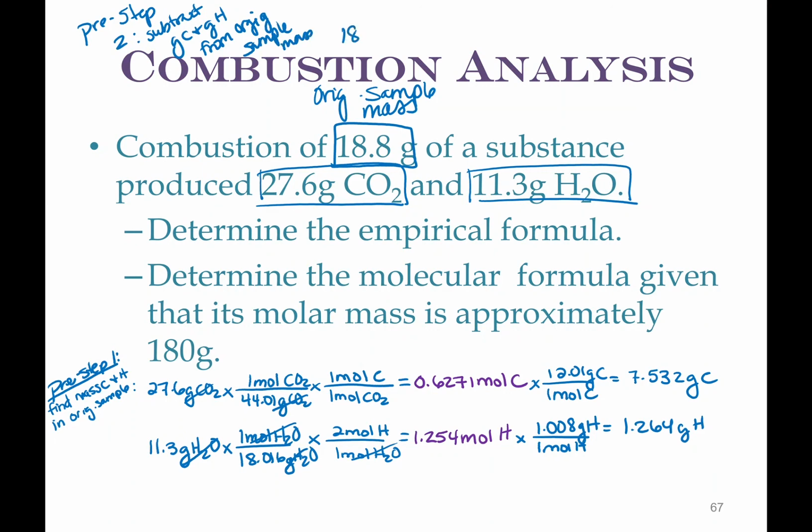So 18.8 grams minus 7.532 minus 1.264 grams. 18.8 minus 7.532 minus 1.264 is 10.004. So that is basically the end of our pre-steps. So this is grams of oxygen in the original sample.